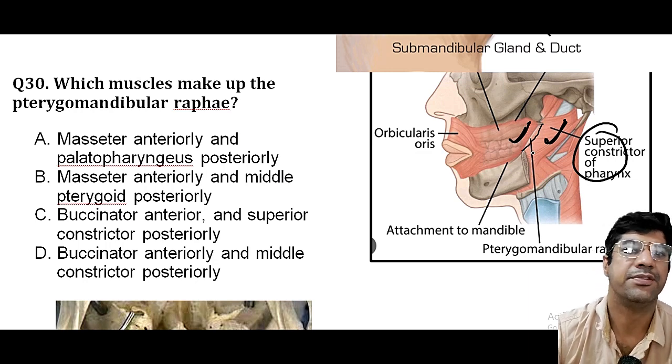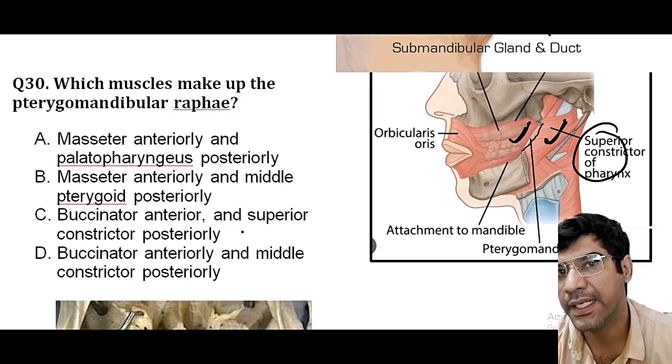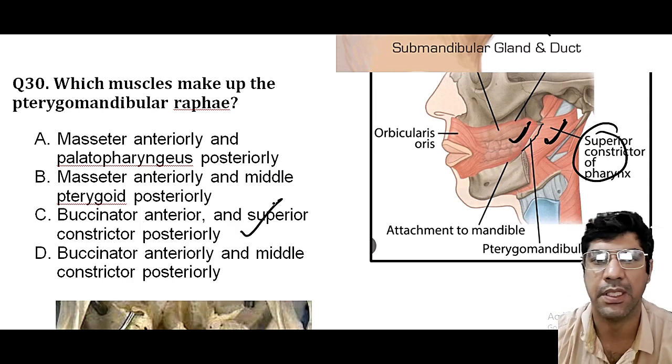So your answer is buccinator anteriorly and superior constrictor posteriorly.